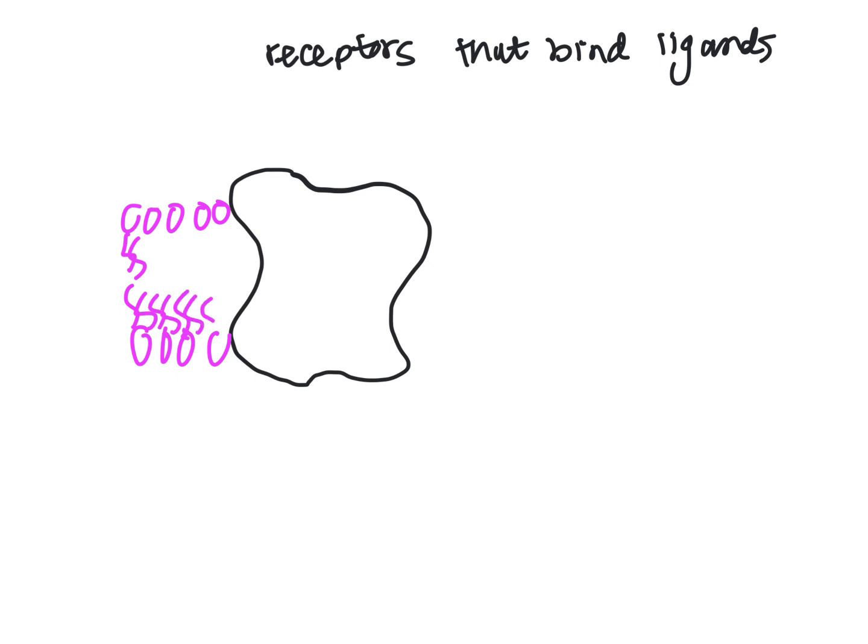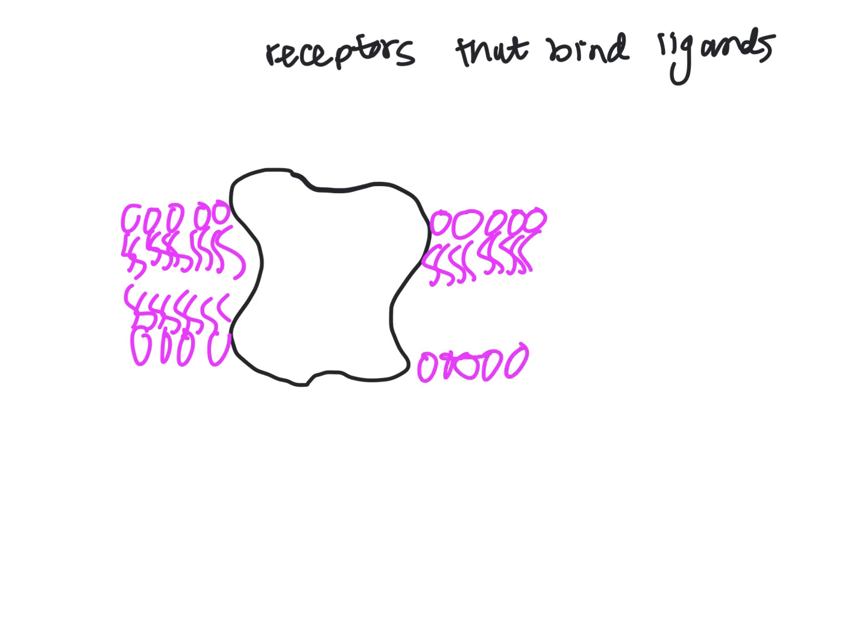Hopefully you can see that there's 2 layers because it's a lipid bilayer. Okay. Tail. They all get 2 tails because of that glycerol backbone.